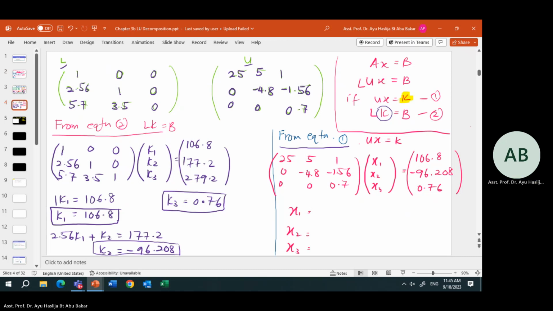K3. Try to calculate again, you should get 0.76. You get 0.76 or 7? 7.61. Sabah, you get what? No, I mean the K3, sorry, K3. 0.76, right?